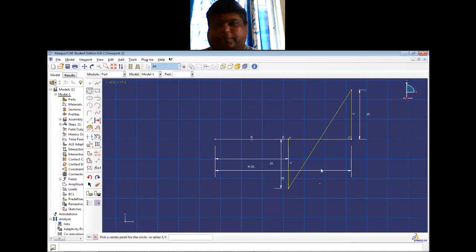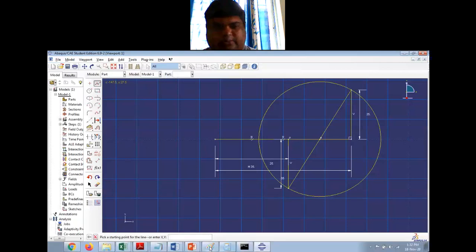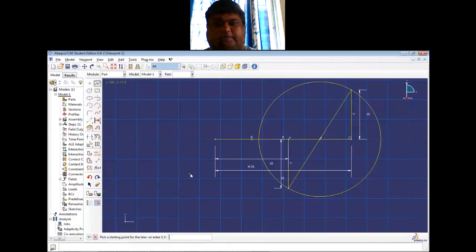Now I have to draw the circle with this as center and this will be the radius. So I got the Mohr circle now. Now I have to draw the inclined plane. Where is my diagram? Yeah. So from here at 90 degree, I'll just draw a line like this.